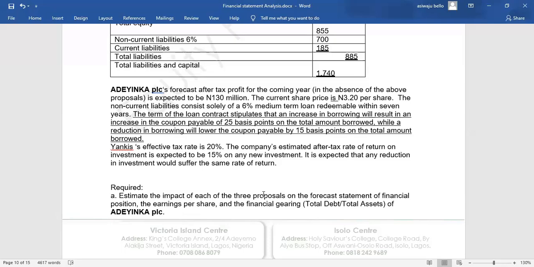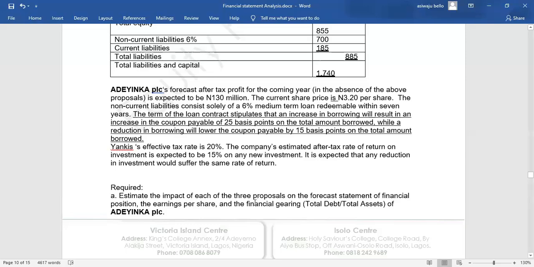When you are done with proposal 1, you move to proposal 2: the impact of proposal 2 on the forecast financial statements, the earnings per share, and the financial gearing. You can now comment on your results.